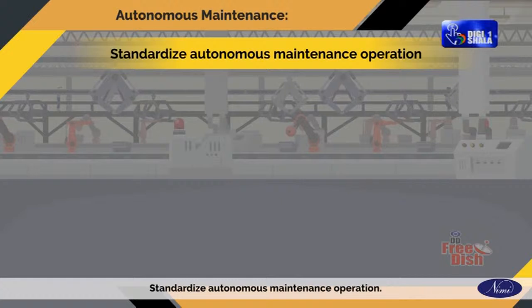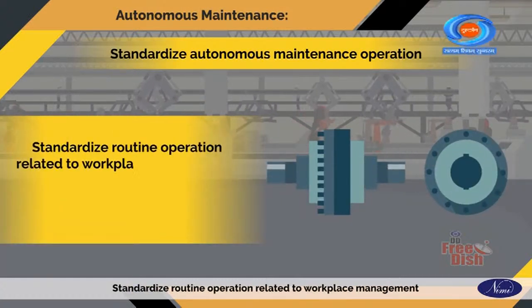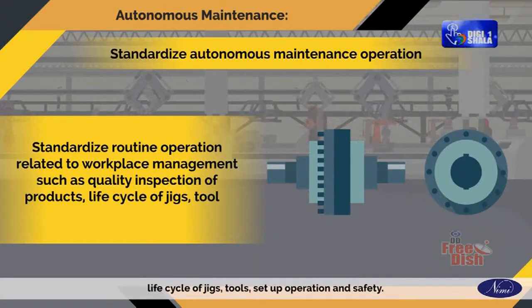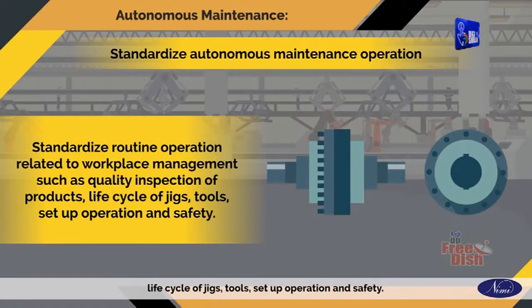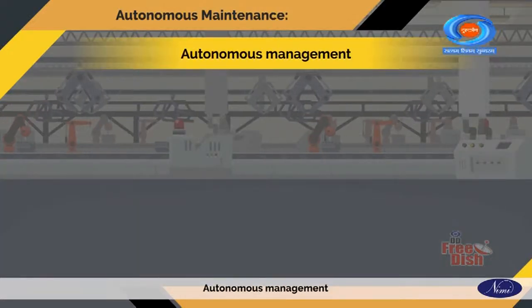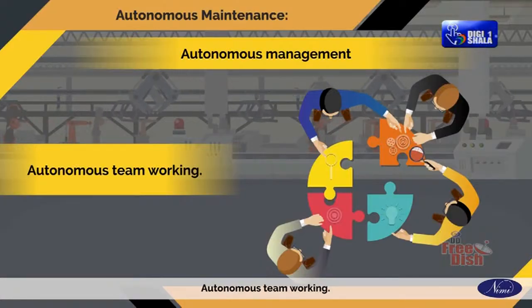Standardize autonomous maintenance operation: standardize routine operation related to workplace management such as quality inspection of products, life cycle of jigs, tools, setup operation and safety. Autonomous management: autonomous team working.